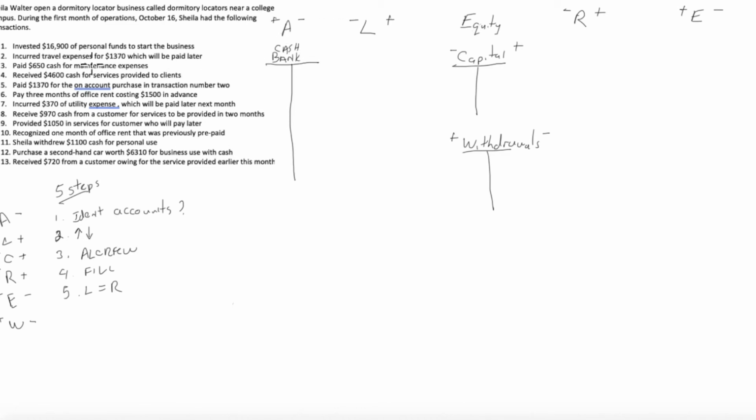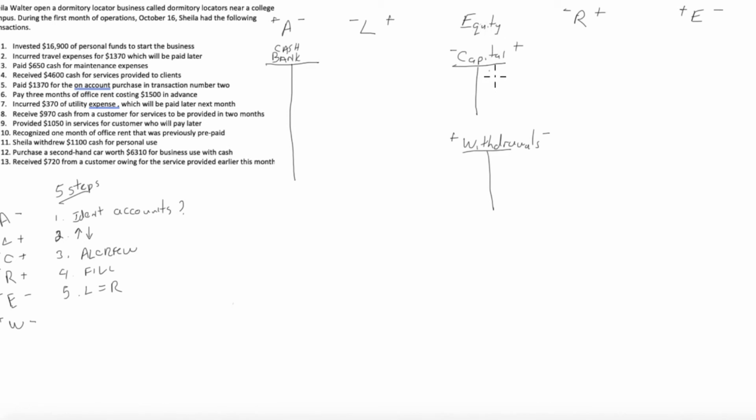So if she invested personal accounts, did it go up or did it go down? If she invested her own money, it went down, right? And if she invested money into the cash, right, it went up. So let's look at that. So if she invested money of her own capital went into the money, right?